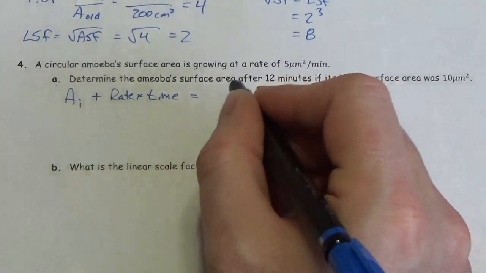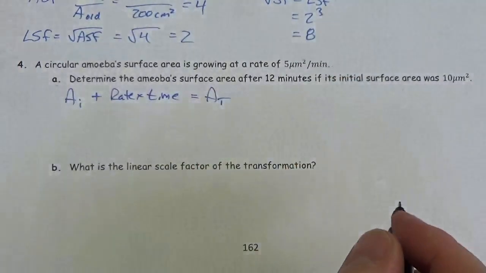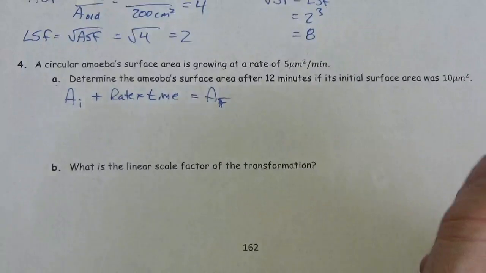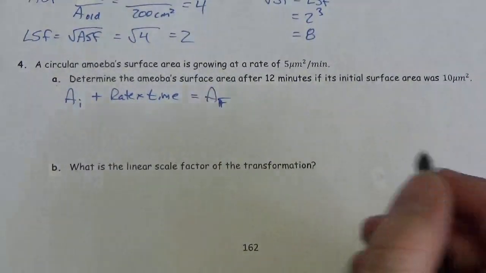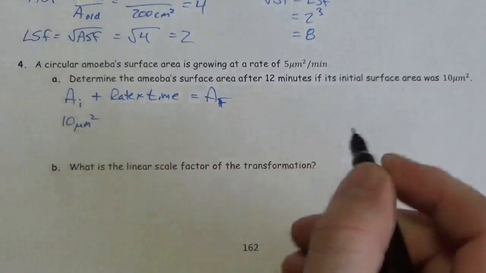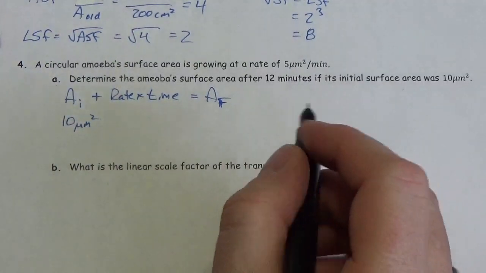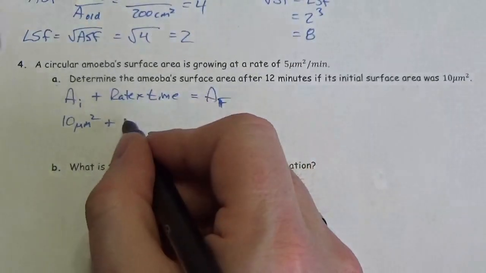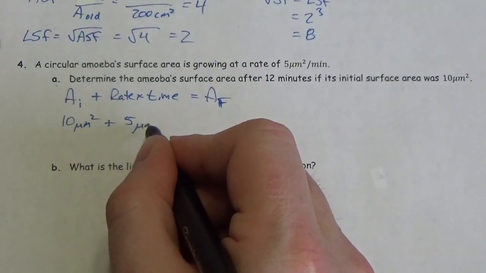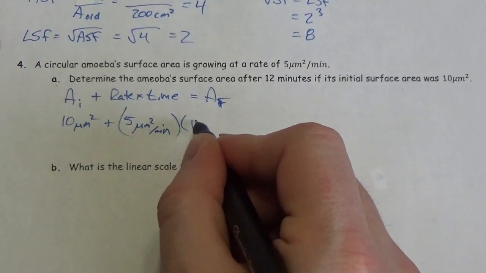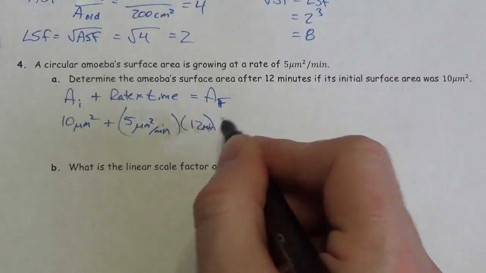That should give us our final surface area. Our initial one here is 10 micrometers squared plus 5 micrometers squared per minute, and that's going to happen for 12 minutes.